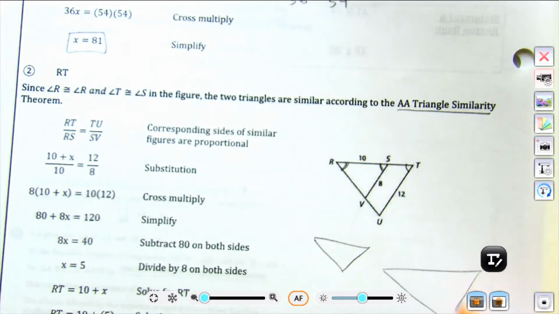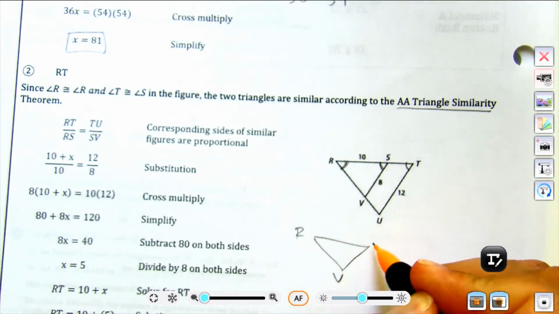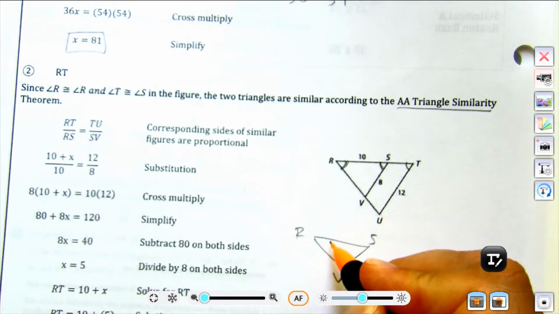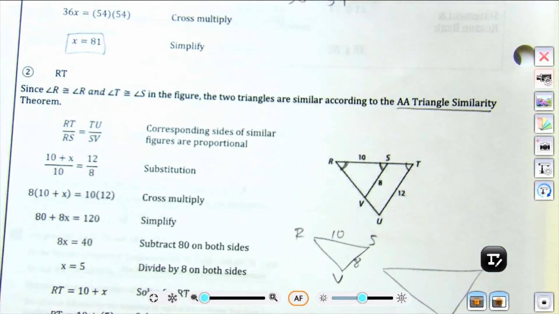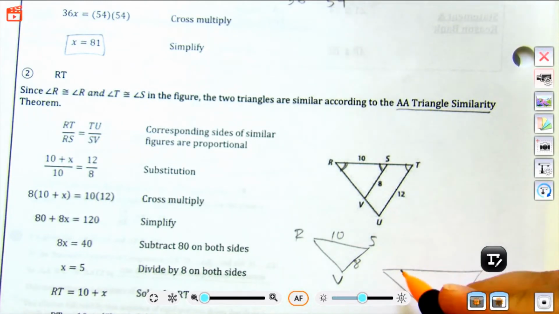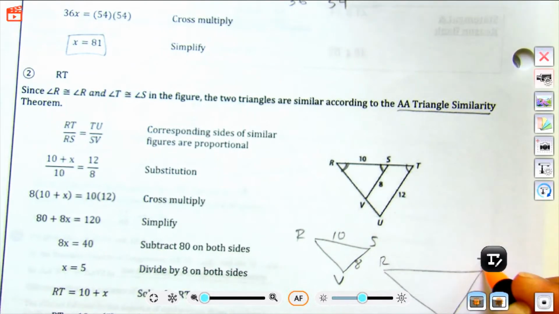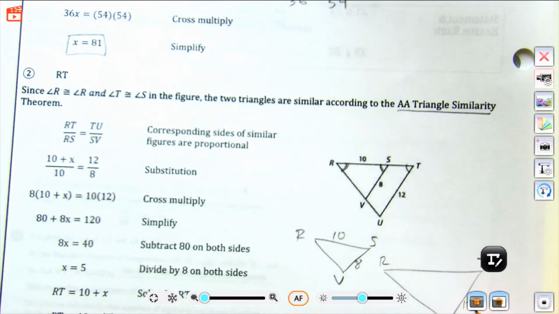So you have R, V, S. We know this is 10 and this is 8. And then we have R, T, U. So we know this is 12. And what we want to find out is RT.